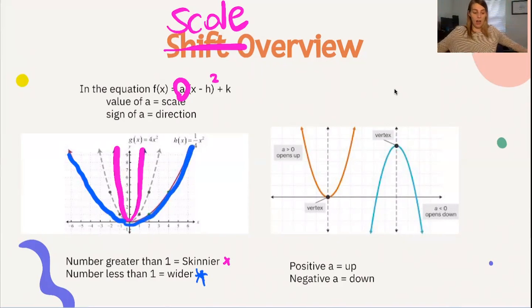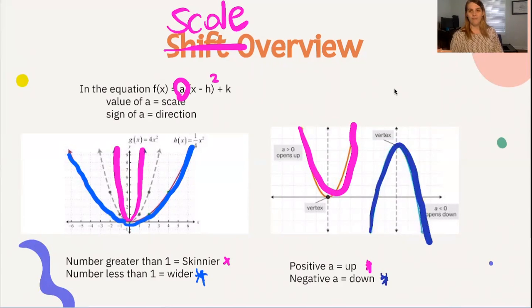It's going to be wide and stretch out. The negative determines the direction. So if it's positive, then you have a smiley face. If it's negative, then you have a frown.